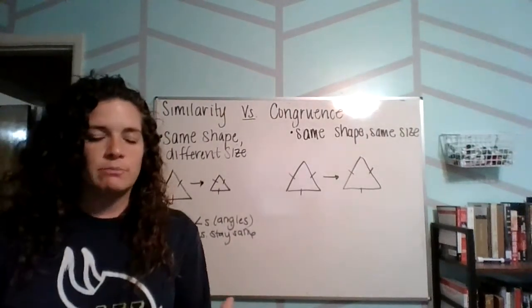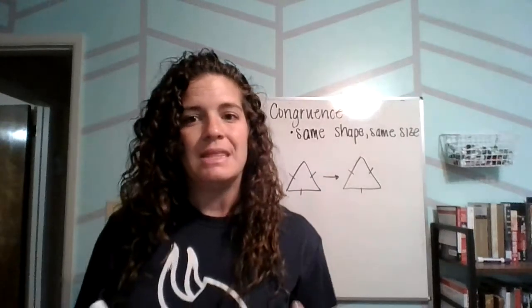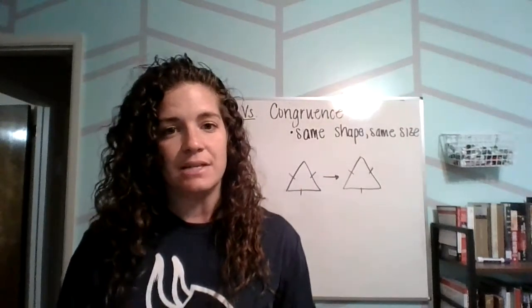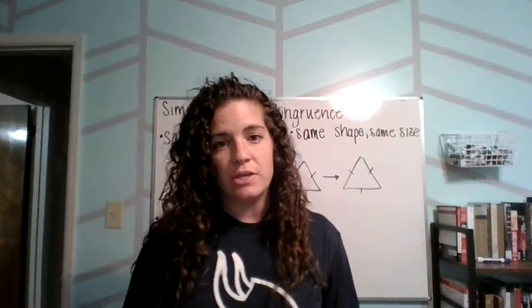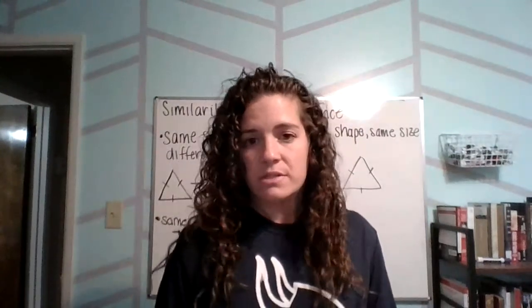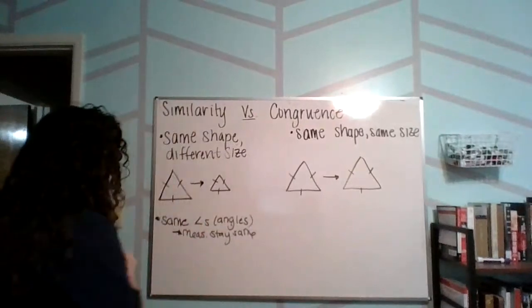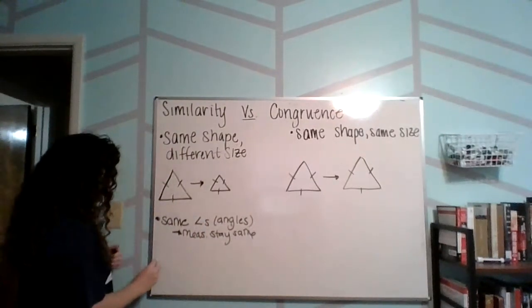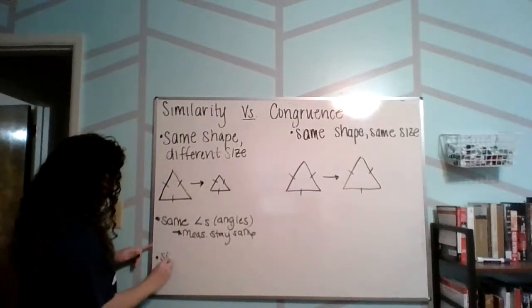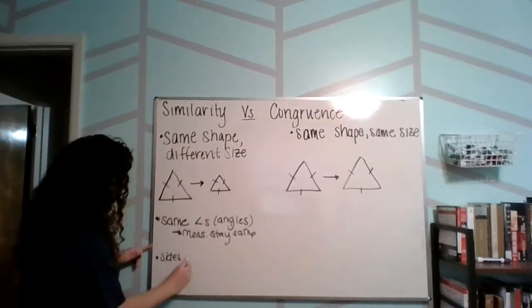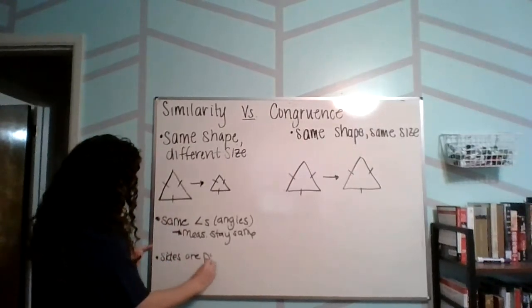Since their measures stay the same, that is what makes it stay the exact same shape. If you were to change the angle measures, then it's no longer the same shape. That means they're no longer similar. The thing that does change are the sides. So the sides are proportional.